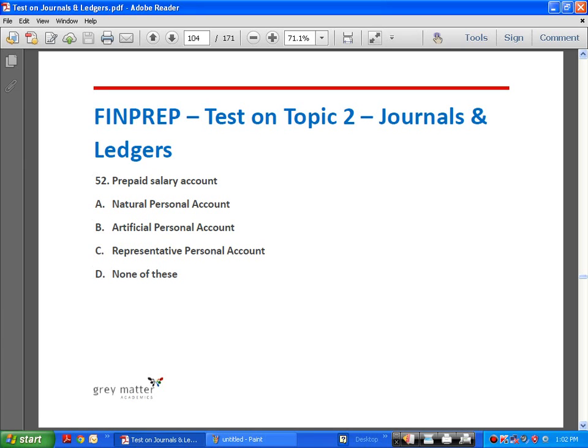Prepaid salary account represents the salary that has been paid in advance to the employees, and hence it is a representative personal account. Prepaid salary account is a personal account. Proprietor's account represents the amount that is either receivable from the proprietor or payable to the proprietor by the business. So it is a personal account.